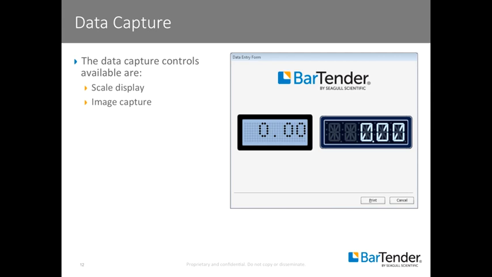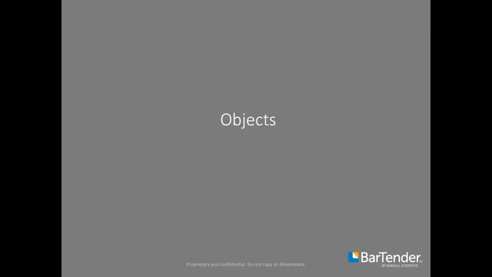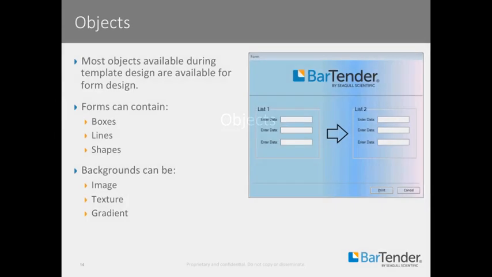Aside from data entry as well, we have some other objects that you're able to create, and that's just to customize the look of your data entry form. So here we see on the right, it's a bit of a radical design, but you're able to organize it in this fashion.